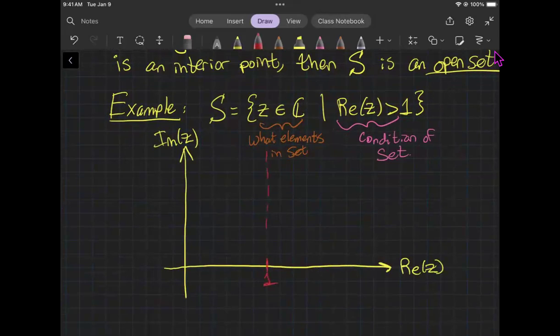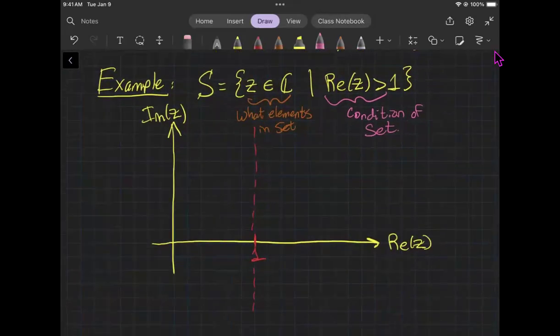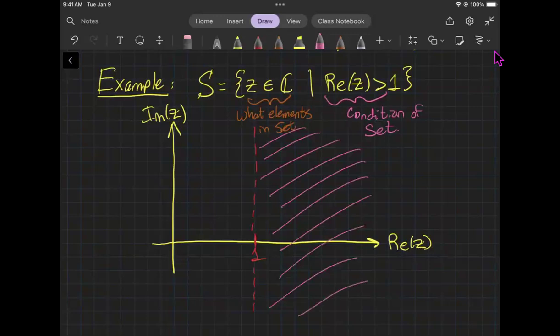So it's going to be just a vertical line, and we want these points to the right. Okay. So typically, if you have a set that doesn't include a boundary line or a boundary of a set, you'll be dealing with an open set.